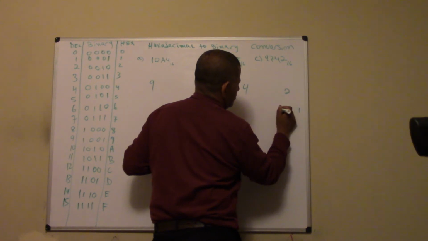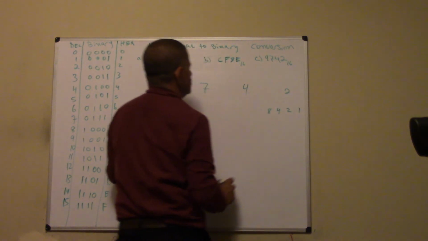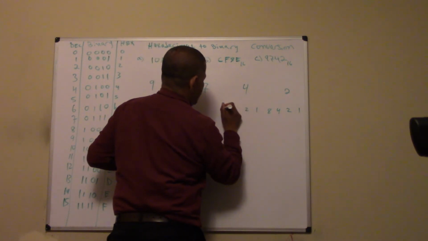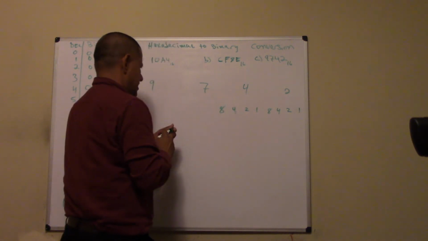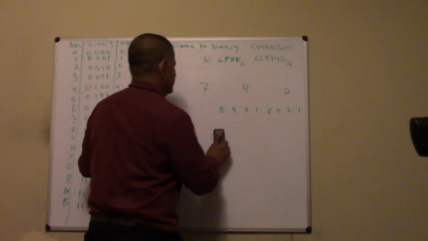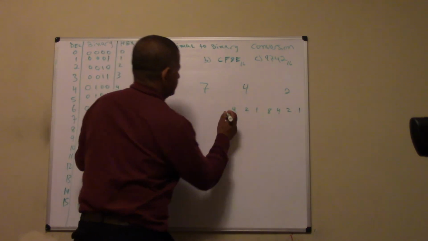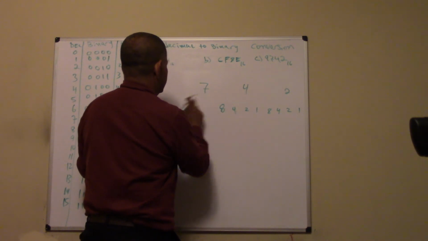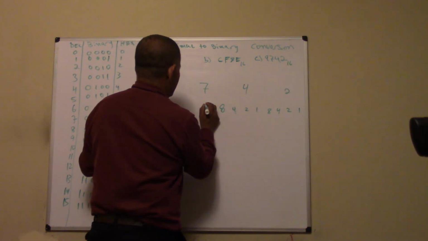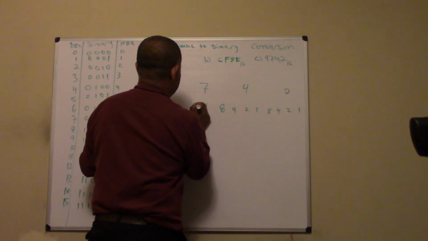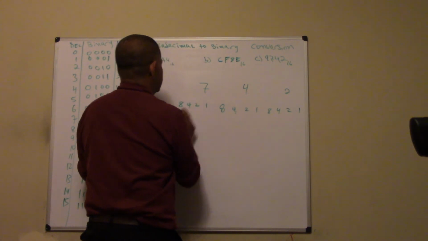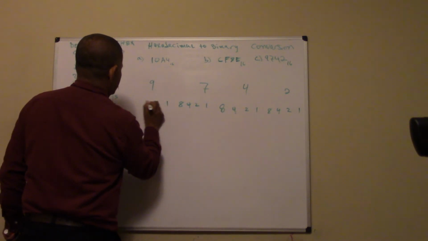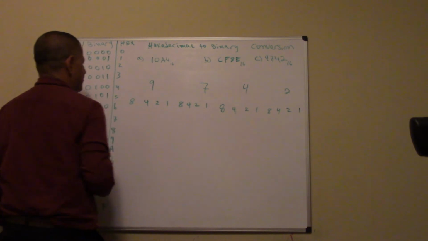1, 2, 4, 8, that's for the 2. 1, 2, 4, 8, that's for the 4. And this for the 7 is going to be 1, 2, 4, 8. That for the 7, and 1, 2, 4, 8, that for the 9.